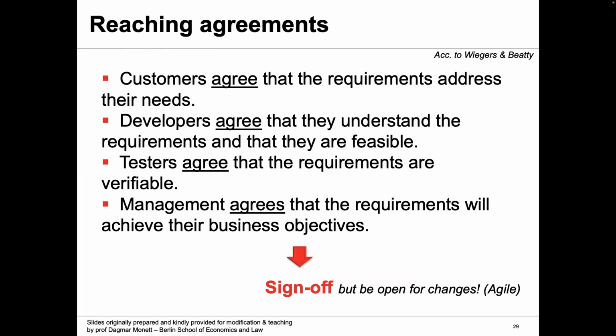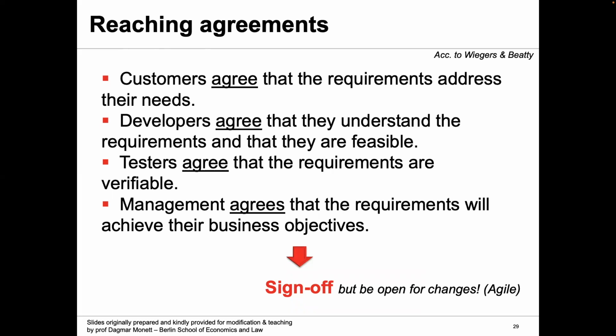We need a sign off, an agreement on certain things before we move on. So we have agreed on some of the basic requirements, the needs of the users, and the developers agree that yes, what you're saying is feasible, it can be implemented, it's testable. Testers agree that yes, we can do that.